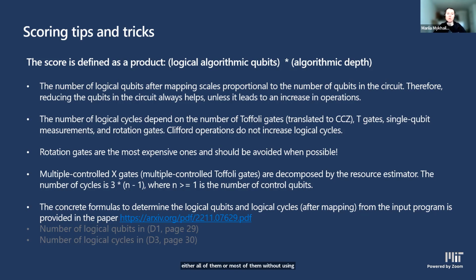Next, there is a formula which helps you understand how much depth each multi-controlled X gate adds. And then there is a paper that tells you a lot more about resource estimations than I can tell you in the half an hour that I had.